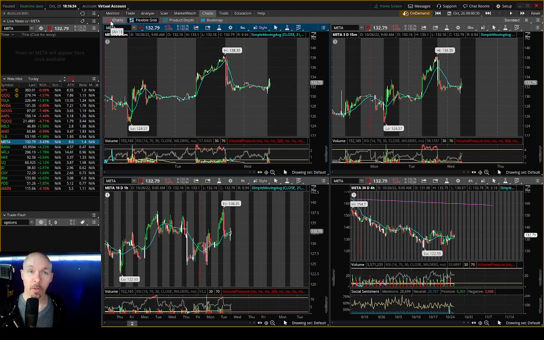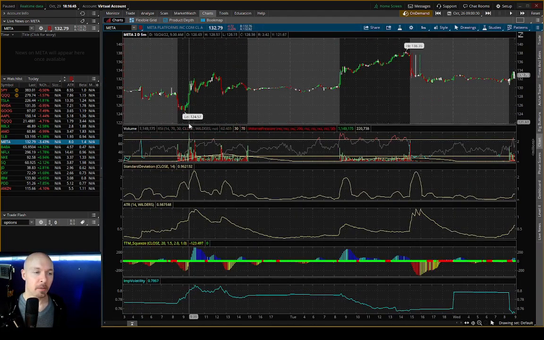Because we're looking for lower volatility, we are going to look for a quieter, calmer period in the day that typically is outside of that trading range. And you can see here, I know this is kind of a busy chart, but I actually cleaned it up just for you guys. You can see down at the bottom I've got an implied volatility sub-study. Yesterday, or whatever it was, Tuesday, I guess, or maybe Monday, the implied volatility was really just on the way up.